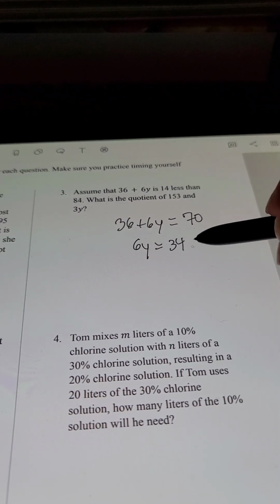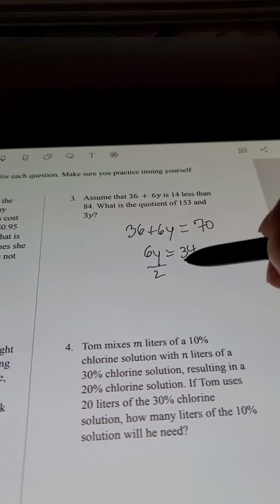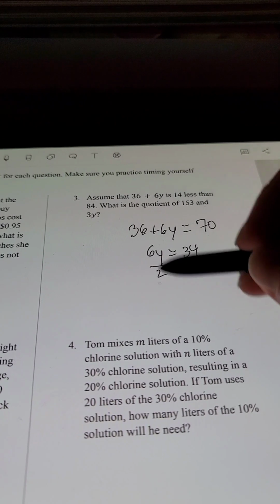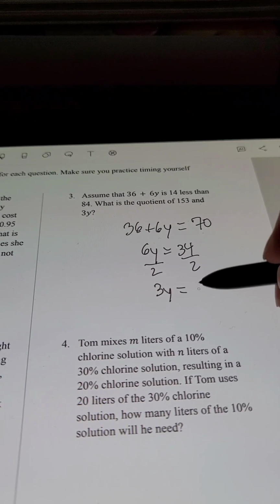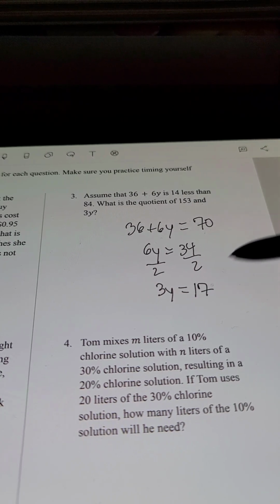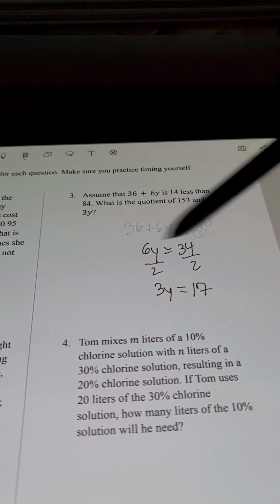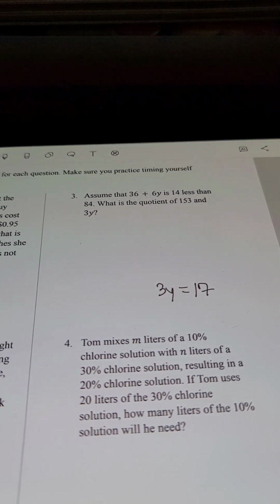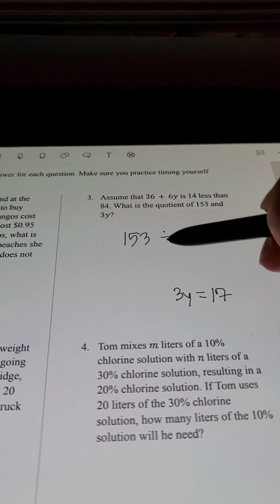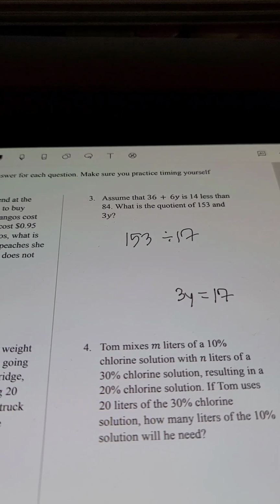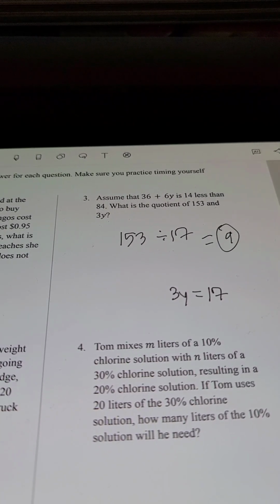So I'm going to divide each side by 2, because 6y divided by 2 is 3y. And then 34 divided by 2 gives me 17. So 3y is equal to 17. Now, to find the quotient of 153 and 3y, I'm going to do 153 divided by 17. And that ends up equaling 9.